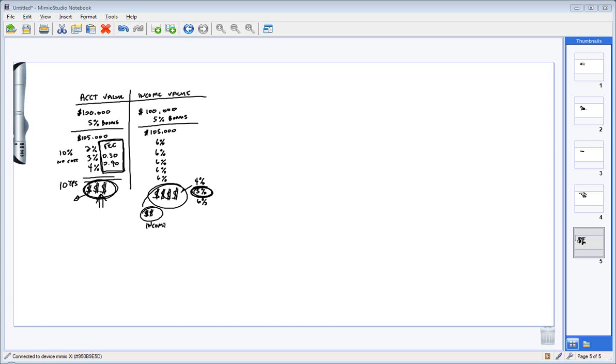Your kids would still get whatever this account value had grown to minus whatever you took in income. Now it used to be that when you turned on the income, if you died, guess who kept the money? Well, the insurance company, right? And so I didn't particularly like these, but now your kids get the money, which is good for your kids if you don't live a long time.